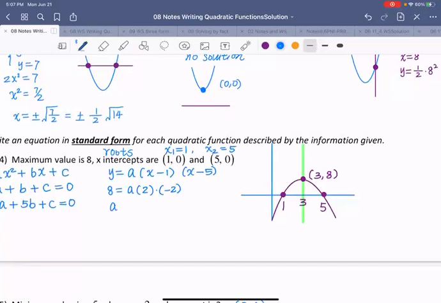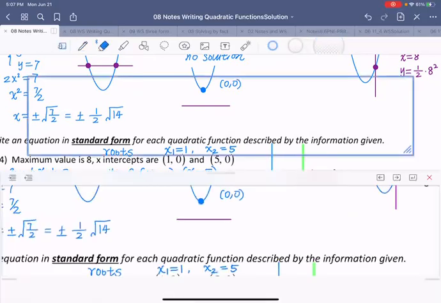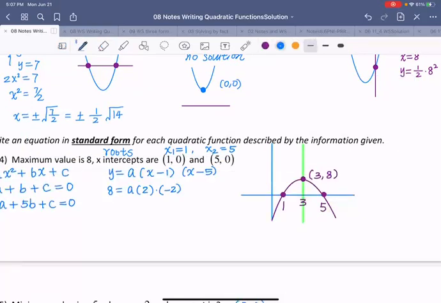So 8 equals negative 4 times a. A equals negative 2.